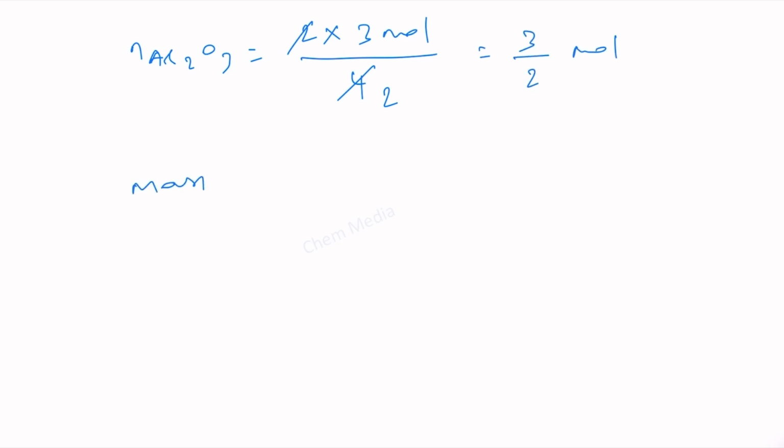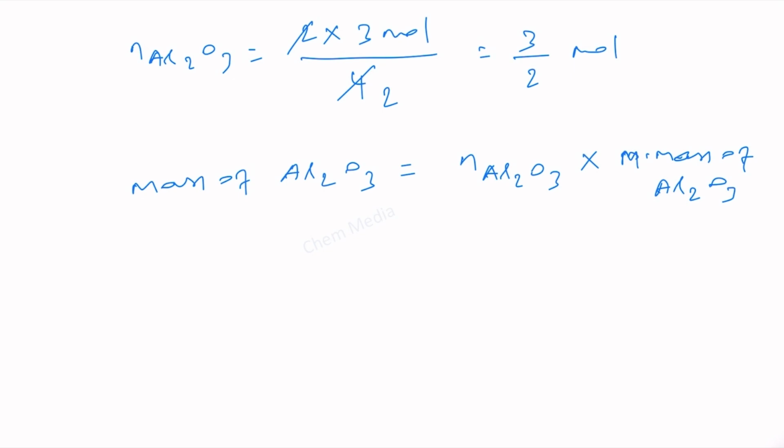Therefore, mass of Al2O3 is equal to number of moles of Al2O3 times molar mass of Al2O3. Molar mass of Al2O3 is, we have 2 aluminium atoms, therefore 2 times 27, that is equal to 54. We have 3 oxygen atoms, therefore 3 times 16, that is equal to 48.